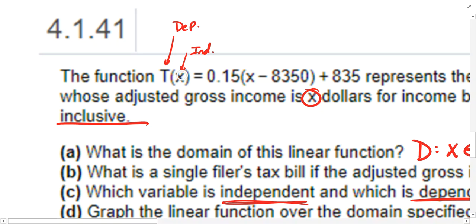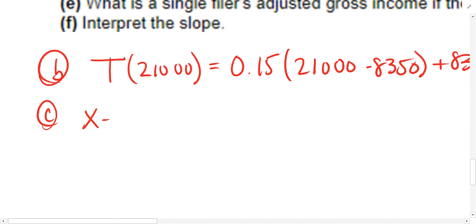The way I remember that is I think that we get to choose the x value to put in place of the function, and since we have the ability to choose, that's our independence. We can choose the number to go inside of this calculation or expression, and based on what we choose, we can then calculate this end result. This result depends on what value was chosen for x.